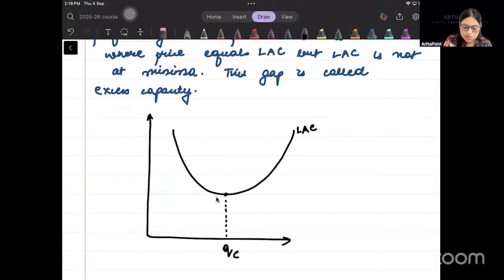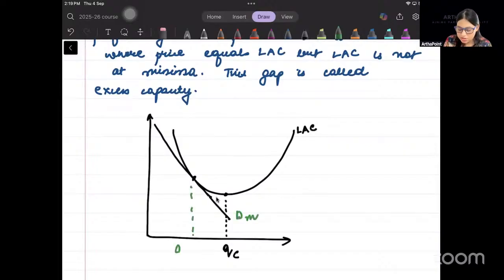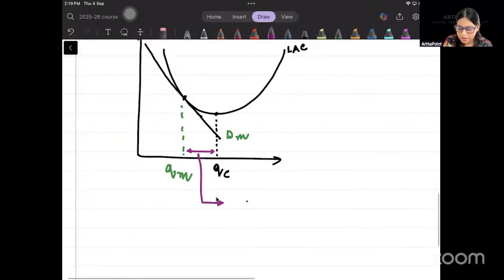So a downward sloping curve cannot touch the minimum. It has to be equal to LAC, so it will be tangent to LAC. It cannot cut LAC. When the demand curve of the monopolistic firm is tangent to LAC, this is the quantity the monopolistic firm will be producing, QM. And whatever gap we notice here, this gap will be my excess capacity.